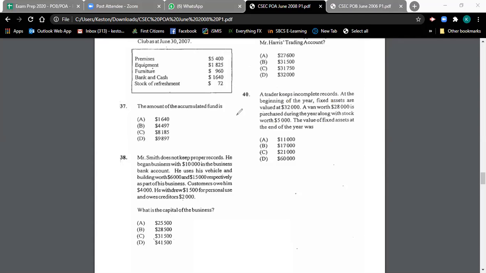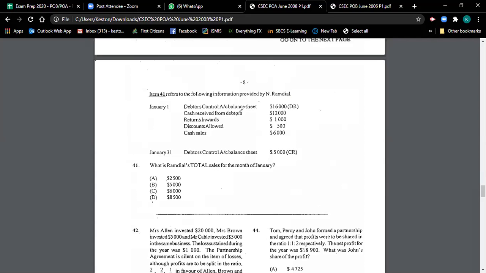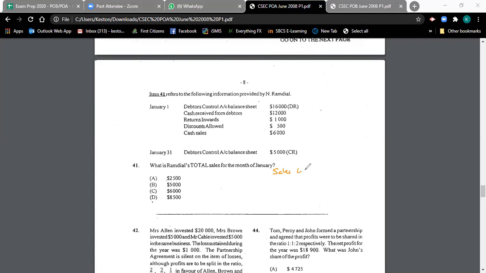Next up, we have 41. What is Ramdale's total sales to the month? Total sales to the month. We do this already. 8,500. Now you see. Debtors control account balance, debit balance brought down. 16,000 balance brought down.